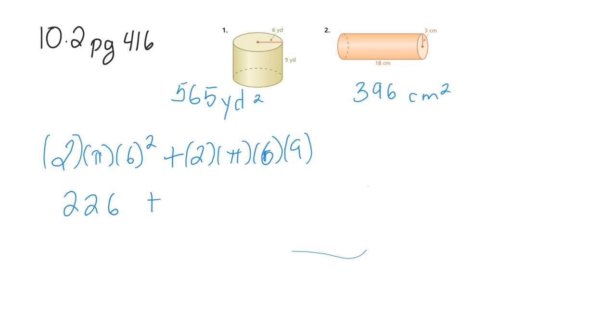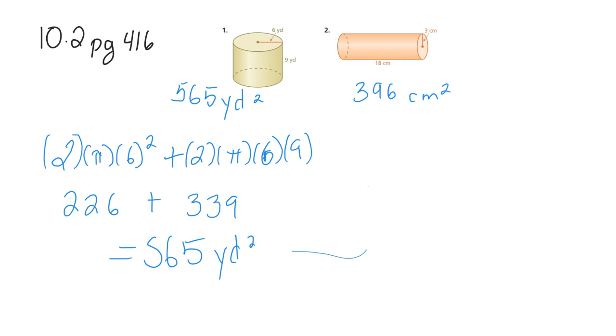And then 2 times pi times our radius, which is 6, times 9, would give us about 339. And you add those up, you would end up with about 565. And since this is area, our unit is going to be squared. All right, and you would have done the other one the same way.